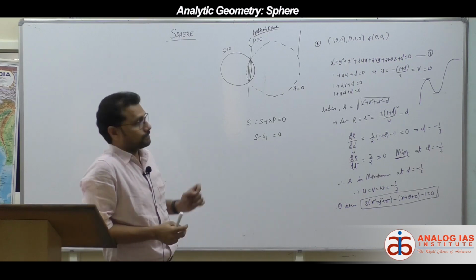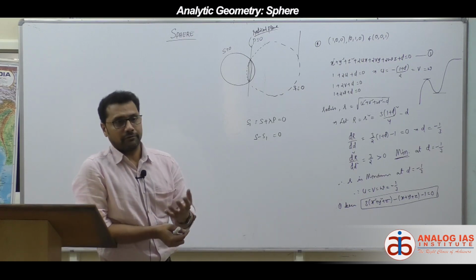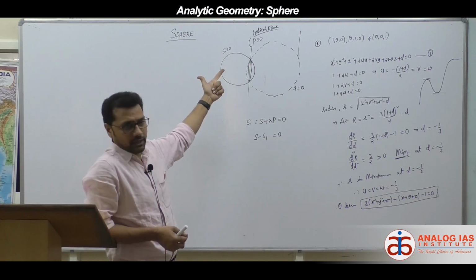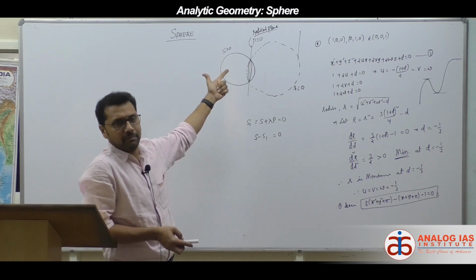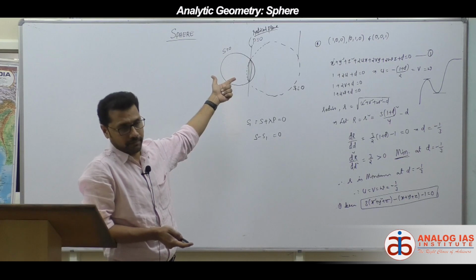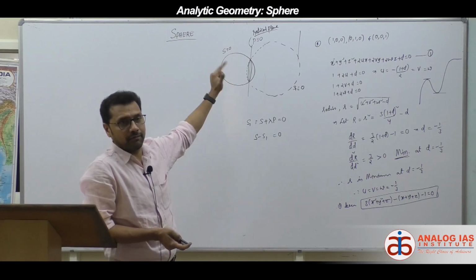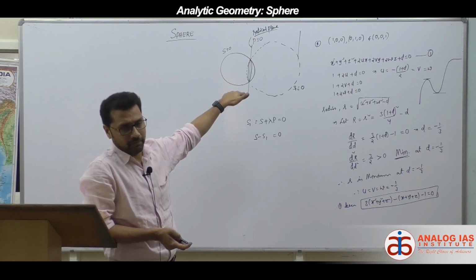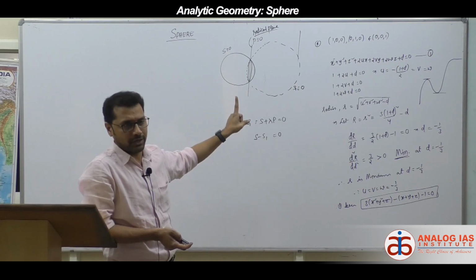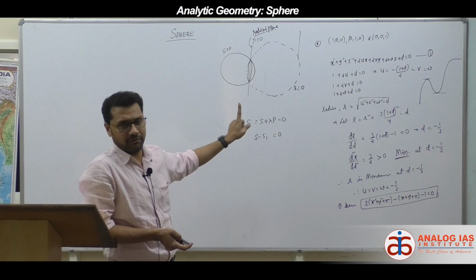Okay. Now, what kind of questions can be expected? One is, if a sphere is given, a plane is given. S plus lambda P equal to 0 gives me an infinite number of spheres passing through the circle of intersection of a sphere and a plane. So, S plus lambda P. I need to know one more condition to get the value of lambda.